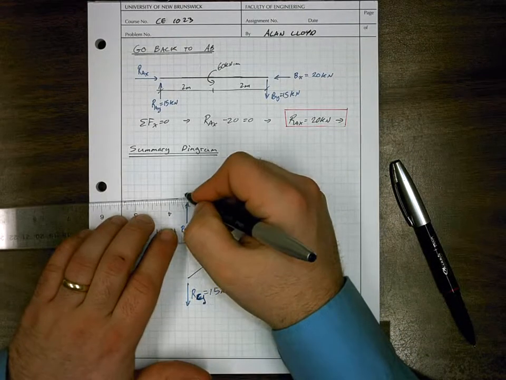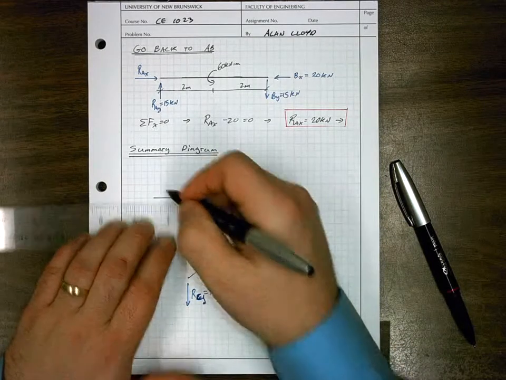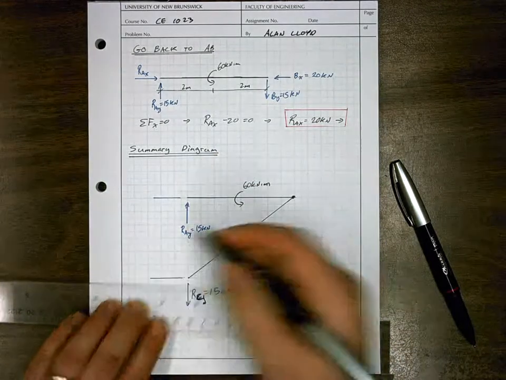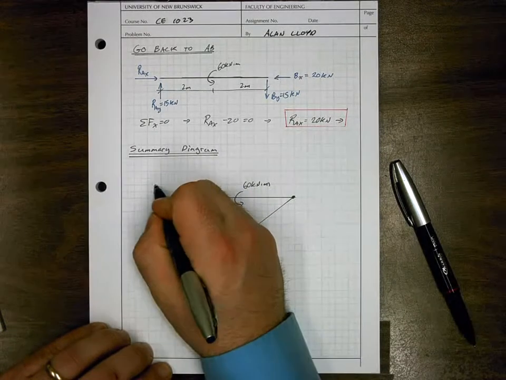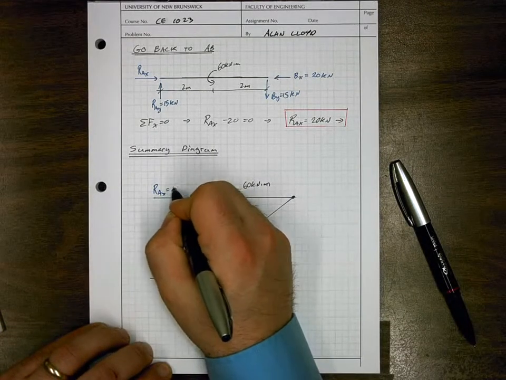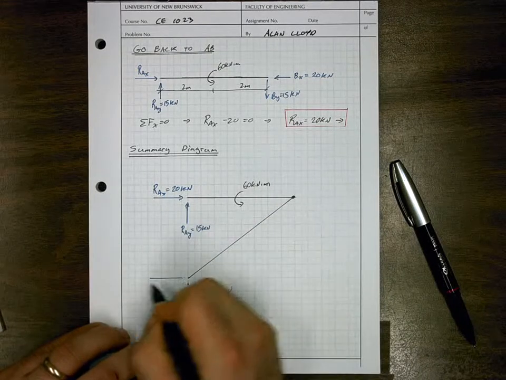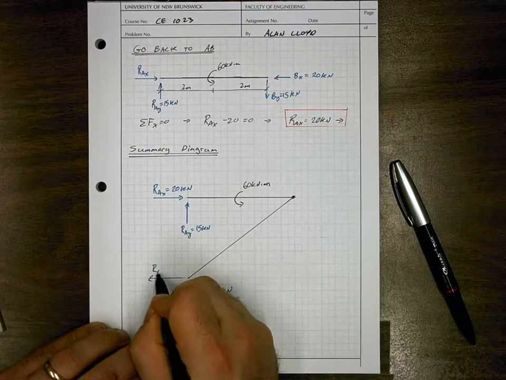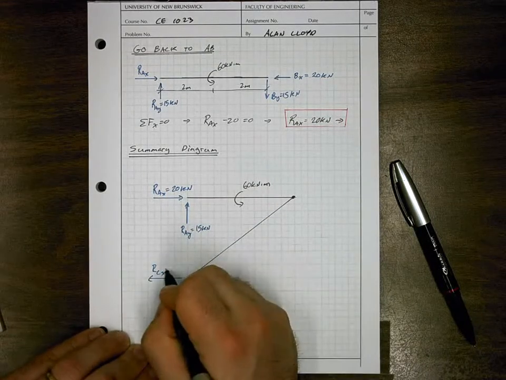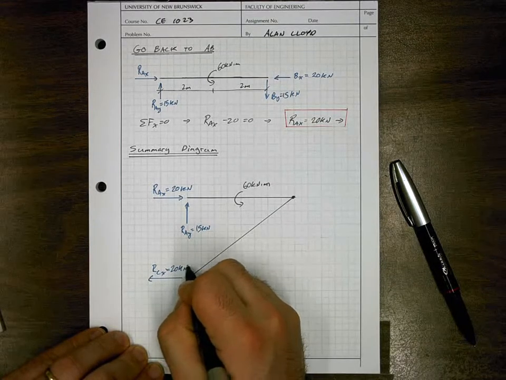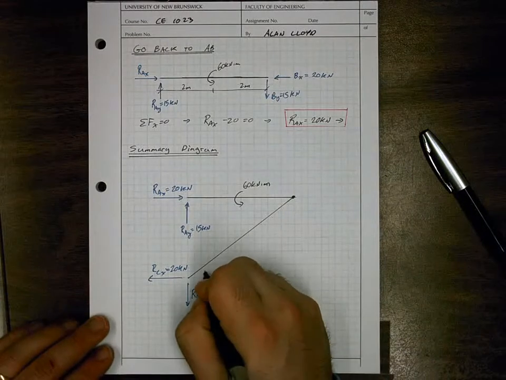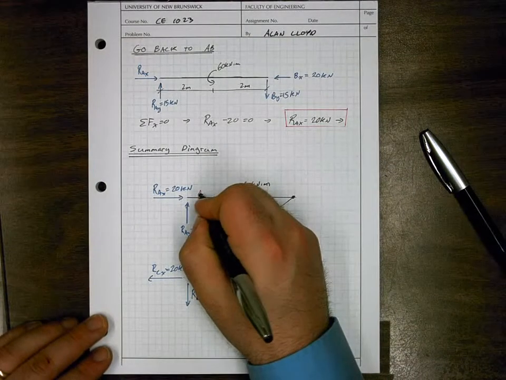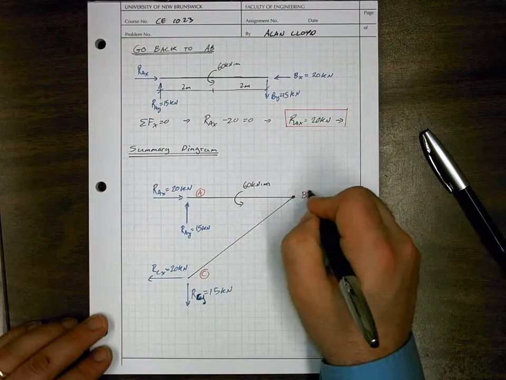We have horizontal reaction forces. We found that RAX was acting to the right at 20 kilonewtons, and our CX was acting to the left at 20 kilonewtons. And these are joints C, A, and B.